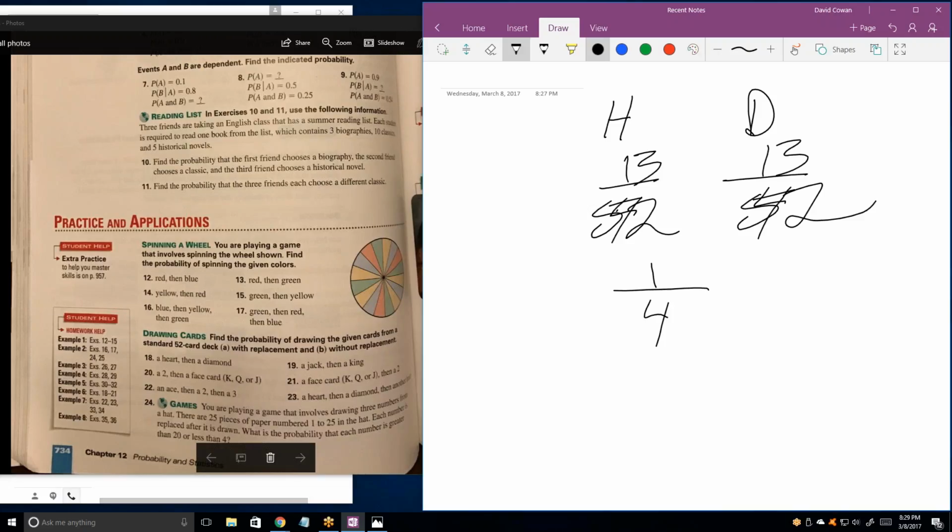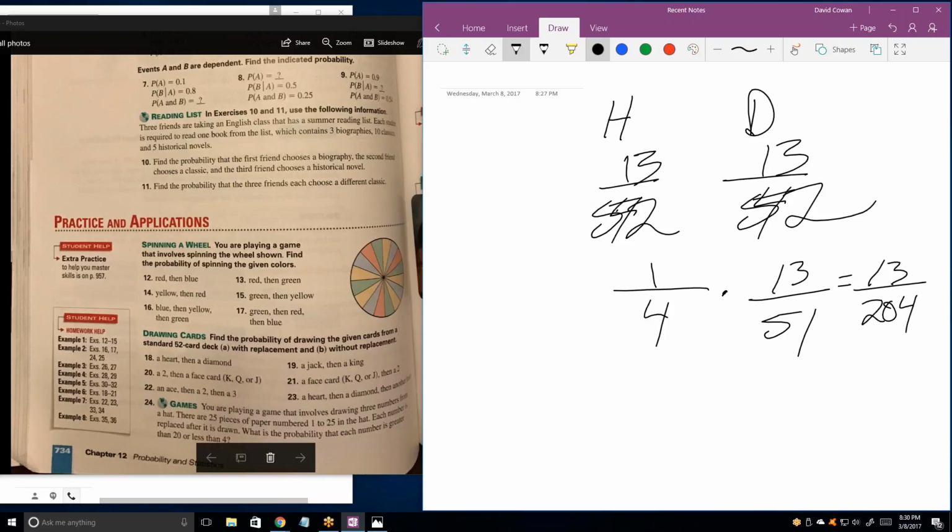No, it's 13 over 51, which can't be reduced. But you don't need to reduce it because I'm going to be multiplying. So it's 13 over 204.